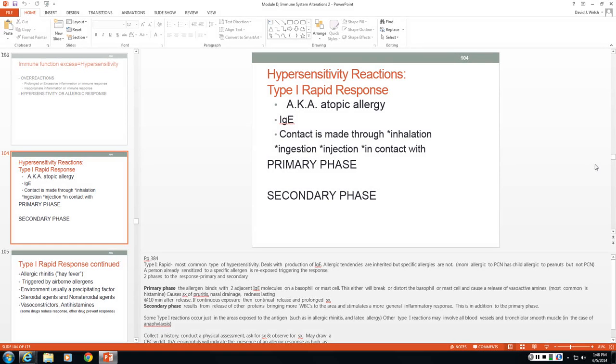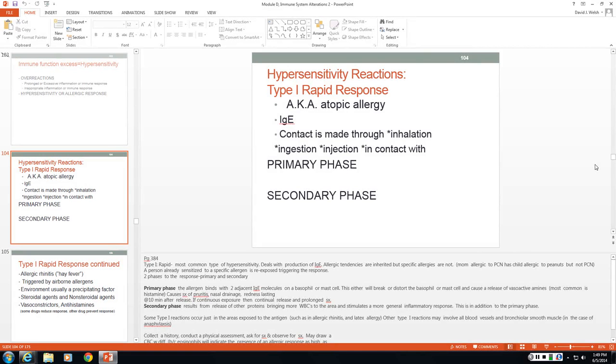Well, this is made up of 2 different phases of response, a primary and a secondary phase. Now, in your primary phase, the allergen binds with 2 adjacent IgE molecules on a basophil or mast cell. Now, this will either break or distort the basophil or the mast cell, and cause a release of vasoactive amines.